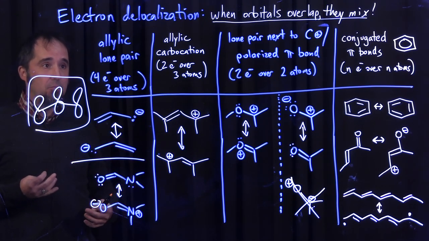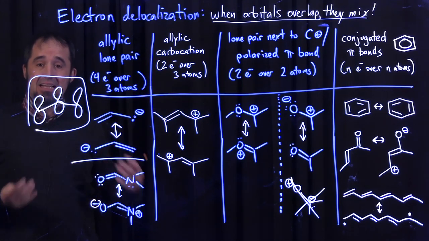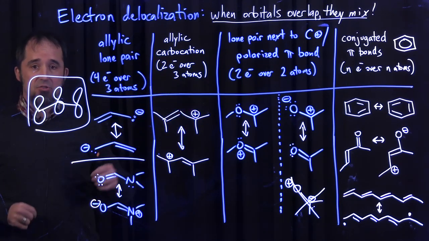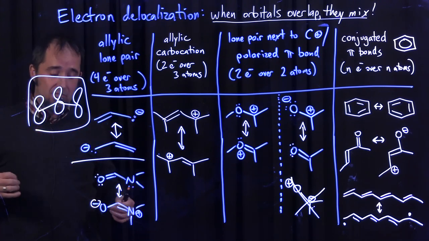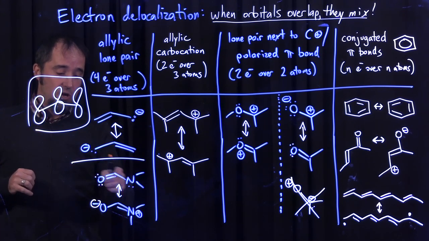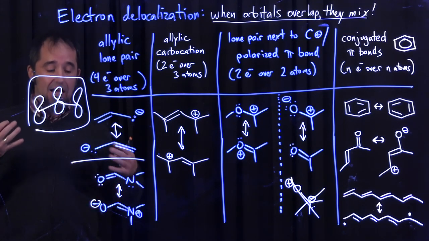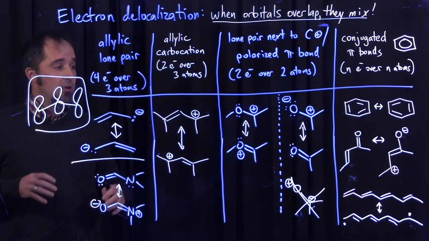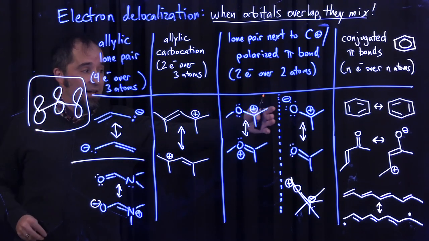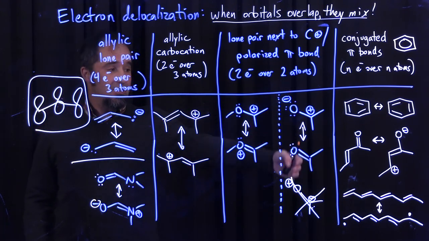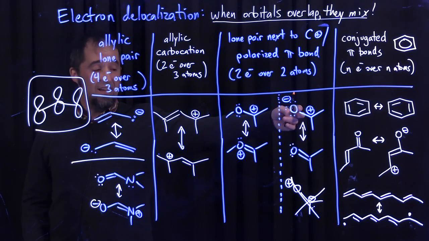The big thing is going to be these allylic systems, allylic ions, negative charges, positive charges, or really any time I've got a lone pair next to a pi bond like this. Anytime I see a lone pair next to a pi bond, I'm going to have to think about resonance. Anytime I see a polarized pi bond, I'm going to think about that resonance structure as explaining why it's polar.